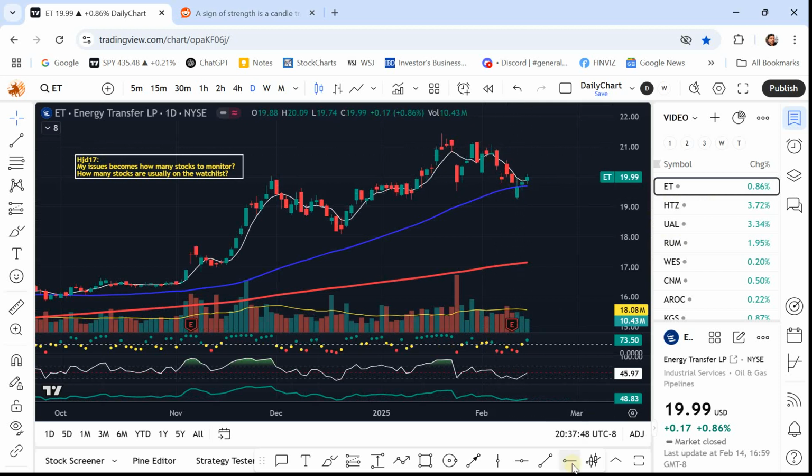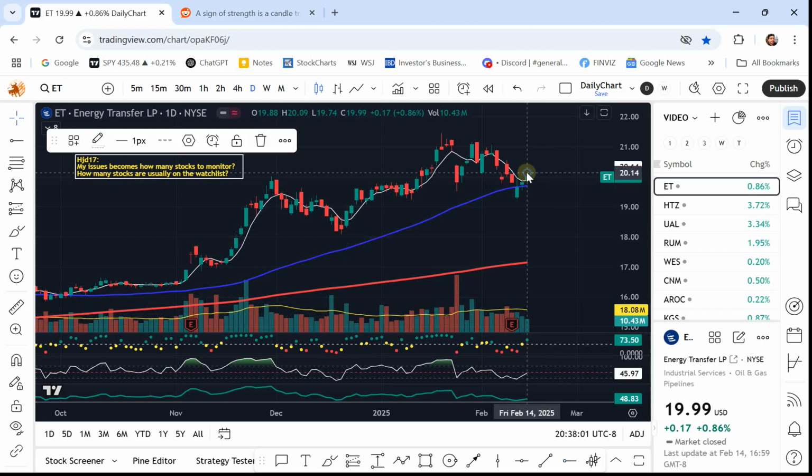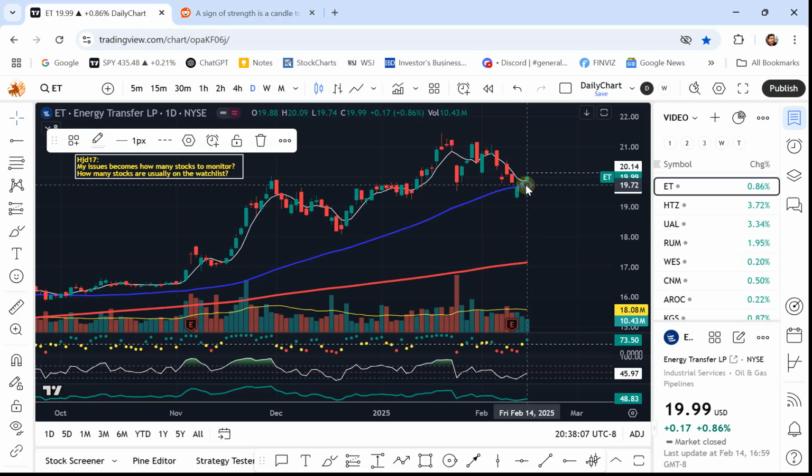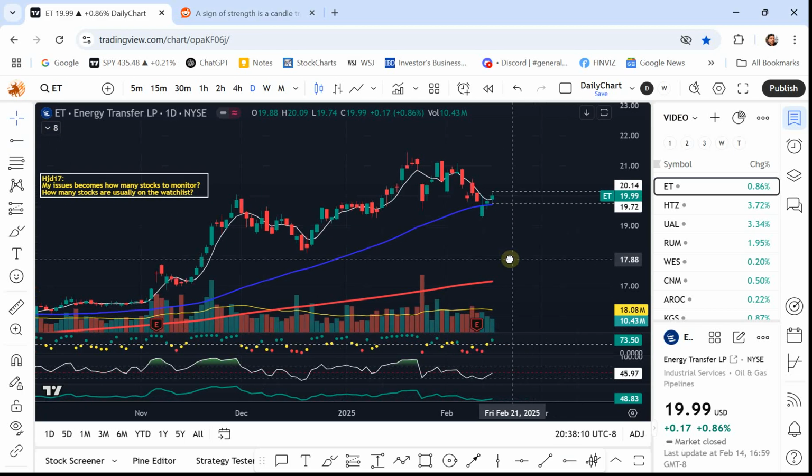In this case, on this strategy, this particular stock, ET, does qualify as a setup. So I would put a potential entry right there, and my stop loss right here, so I risk only one candle. Okay, so this makes it into my watch list.